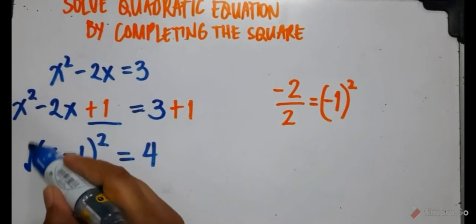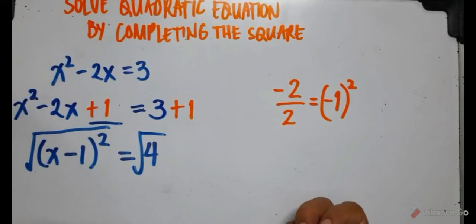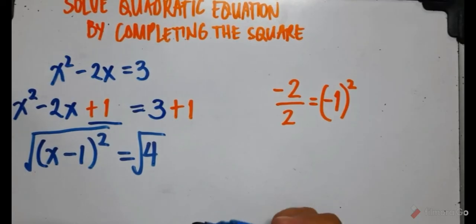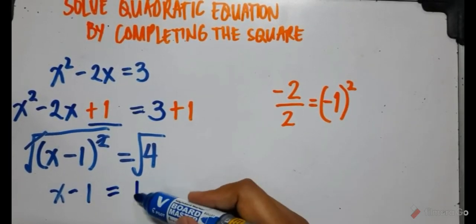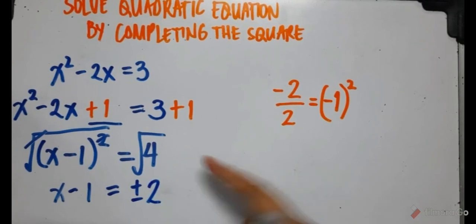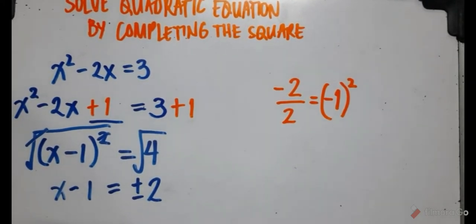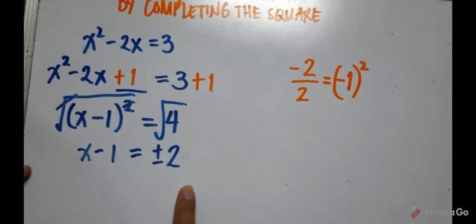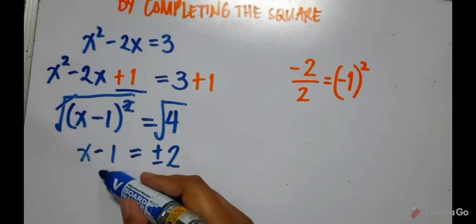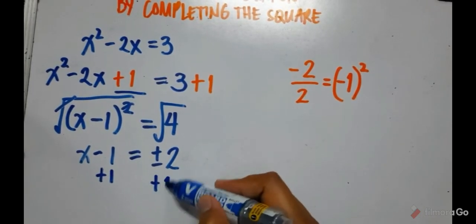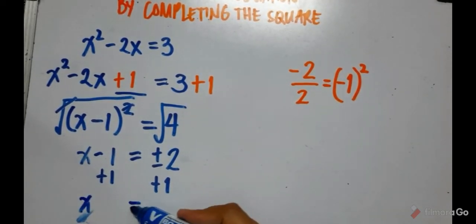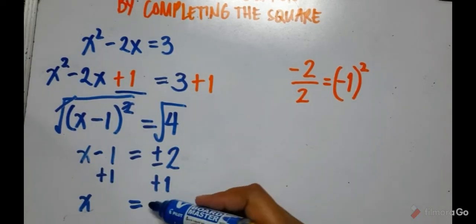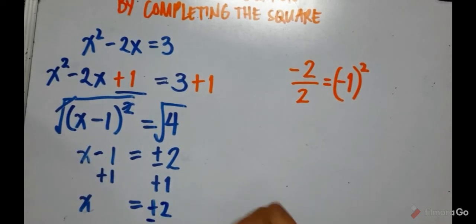And then we get the square root of both sides, using extracting of roots. So this will be x minus 1 is equal to positive and negative 2, which is the square root of 4. Solve the resulting linear equation. We eliminate this by adding 1 on both sides of the equation. So x is equal to positive and negative 2 plus 1.